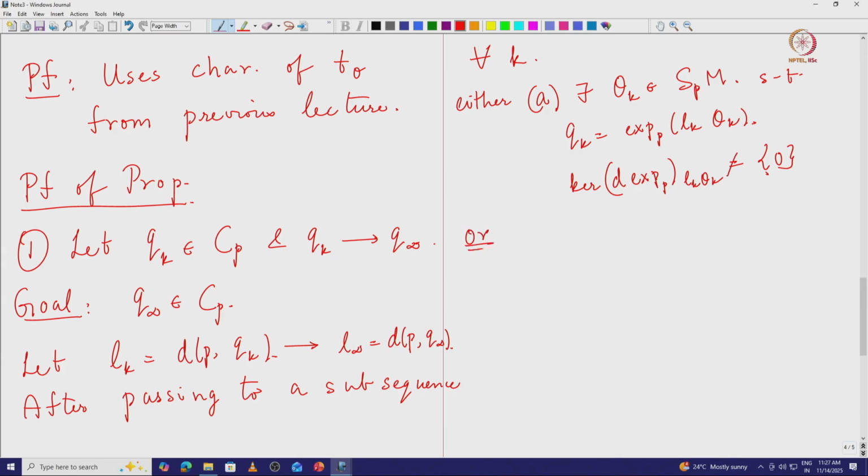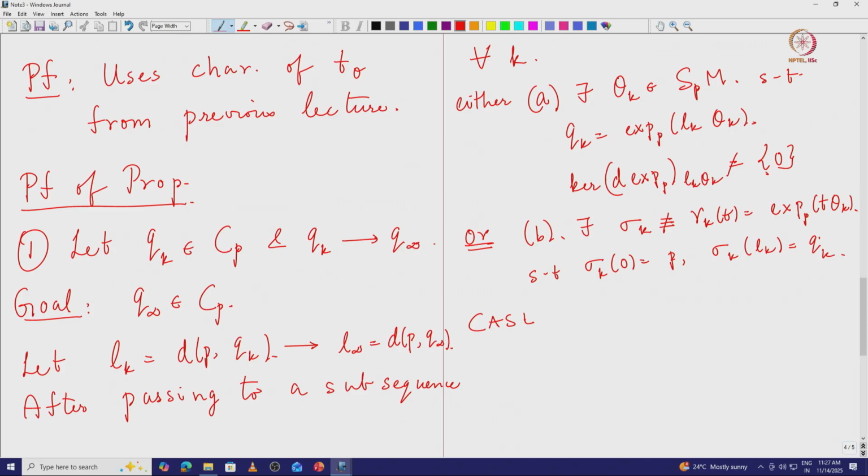Or there exists another sigma k which is not equal to gamma k, where gamma k is just given by the exponential of t times theta k, such that sigma k of 0 is P and sigma k of Lk is this Qk. Okay, so let us analyze the two cases.